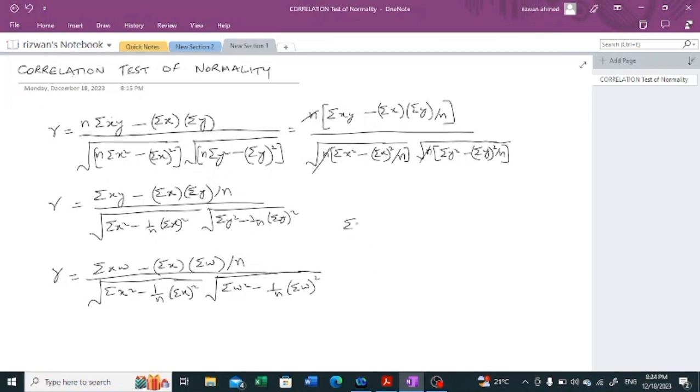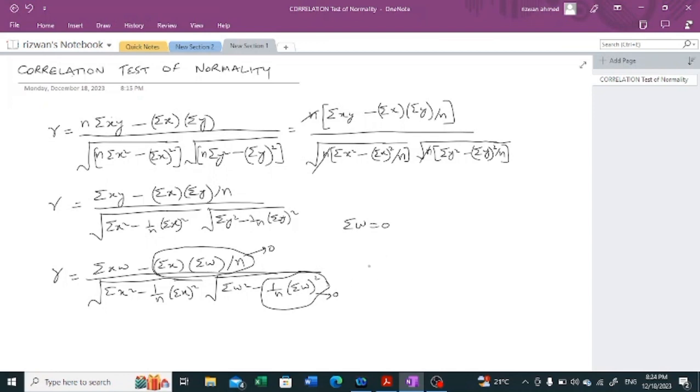Since summation W is equal to 0, that is the sum of normal scores, this entire term or factor will become 0, and this entire term or factor will also become 0.